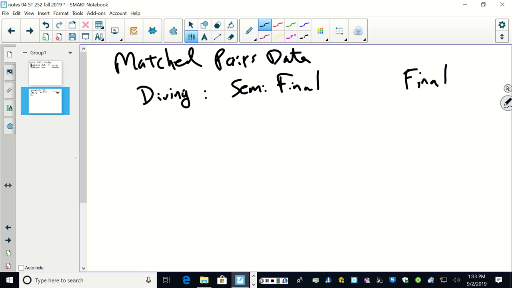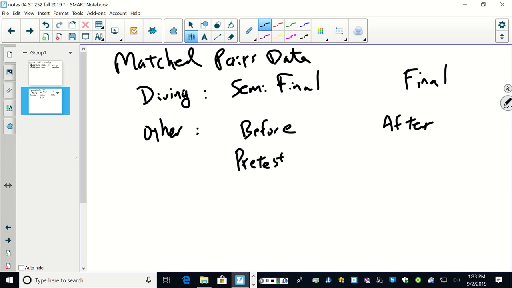In many other applications, you could have some type of before measurement and after. So before you do something to individuals, you can have a measurement happening afterward. This might be a pre-test and then a post-test.